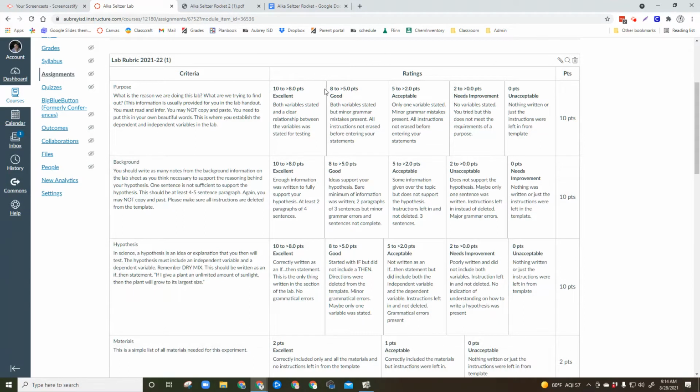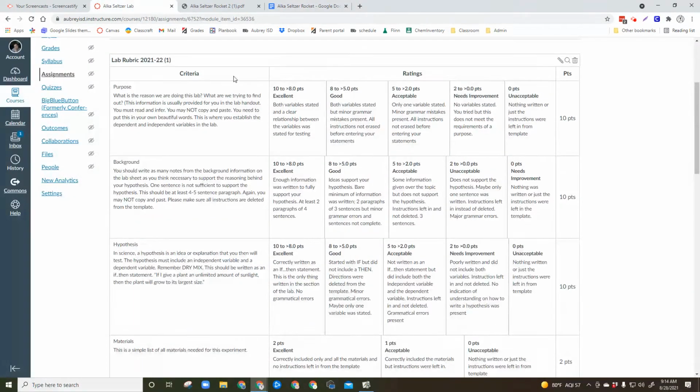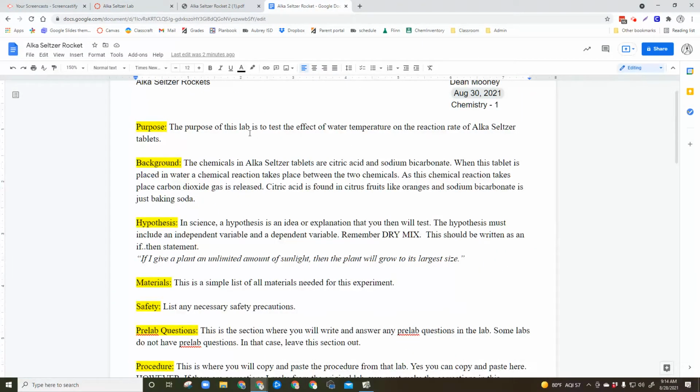All right, all the way up to 10 points, both variables stated. So did we state both variables? Water temperature, reaction rate, okay? And a clear relationship between the variables was stated for testing. So the effect of water temperature on the rate of reaction of Alka-Seltzer. Okay, so we just didn't list two variables and stop.